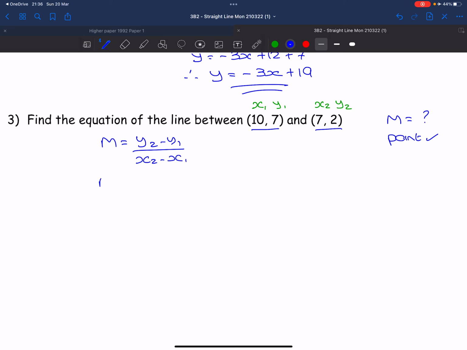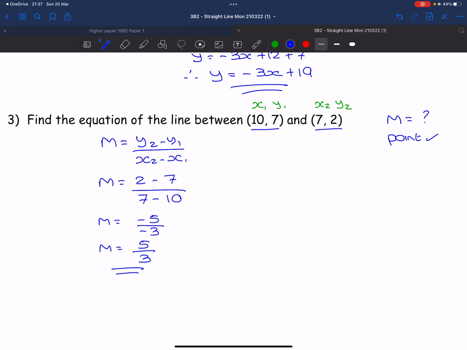So I'm going to get m is equal to 2 take away 7 over 7 take away 10. Let's simplify this down. 2 take away 7 gives me minus 5 over 7 take away 10, which is minus 3. So minus 5 over minus 3 is just going to give us positive 5/3. So my gradient is 5/3.